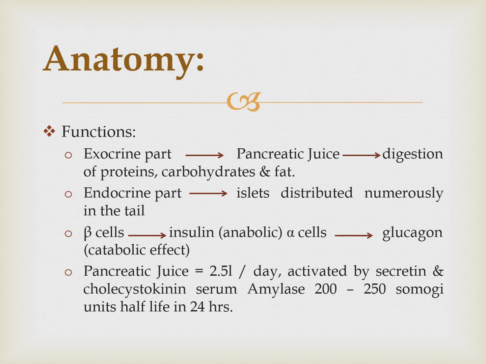The alpha cells, which are 15 to 20%, are responsible for the production of glucagon, which is a catabolic hormone. The delta cells, about 3 to 10% of the cells, are responsible for the production of somatostatin, and the pancreatic polypeptide cells, about 1%, are responsible for the production of the polypeptide.